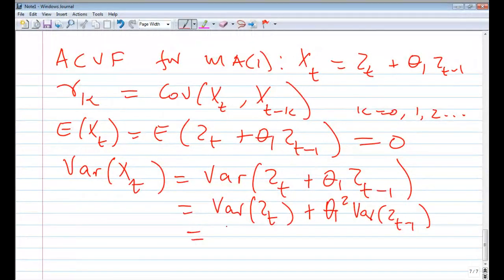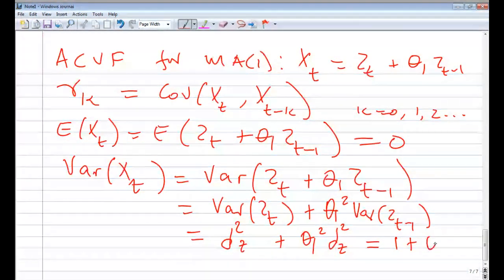Then what is the var of Zt? Var of Zt according to that condition is sigma squared z, plus theta 1 squared times var of Zt minus 1, which again is sigma squared z. So the question is, what is sigma squared z plus theta 1 squared sigma squared z equal to? It will be equal to 1 plus theta 1 squared times sigma squared z.